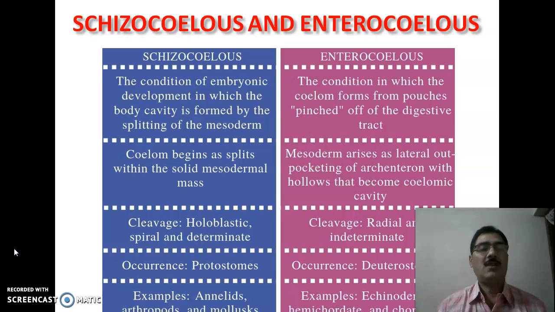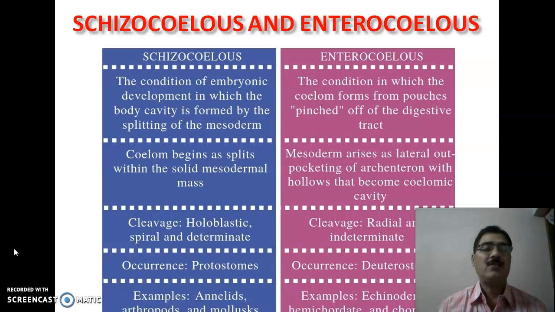Now this is the development of two types of coelom. In the case of eucoelomates, one is the Schizocoelous and the second one is the Enterocoelous. In the case of Schizocoelous, the condition of embryonic development in which the body cavity is formed by the splitting of mesoderm, while in the case of Enterocoelous, there are two pouches pinched off the digestive tract.